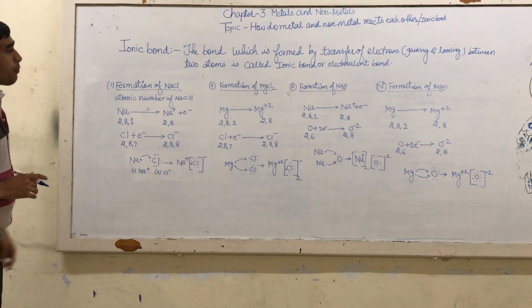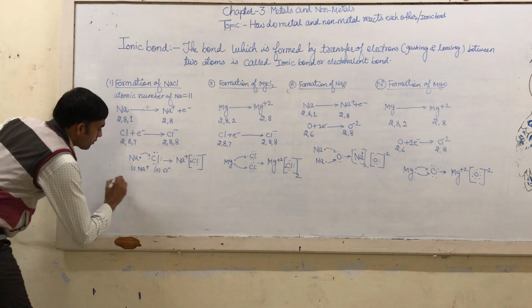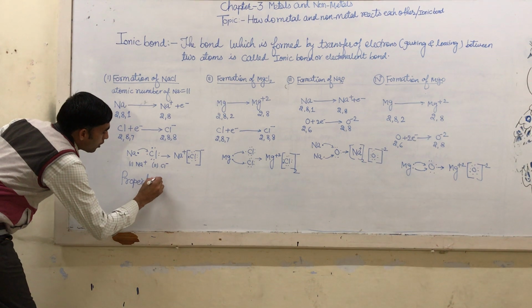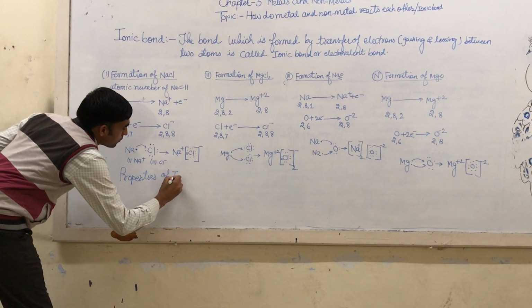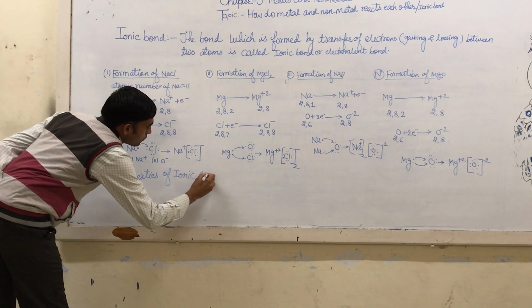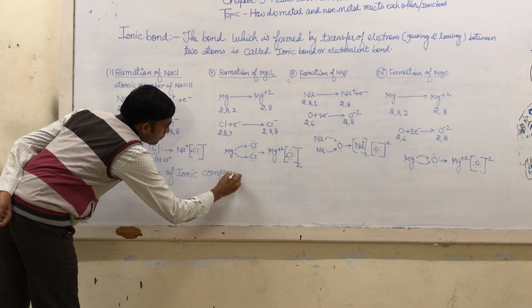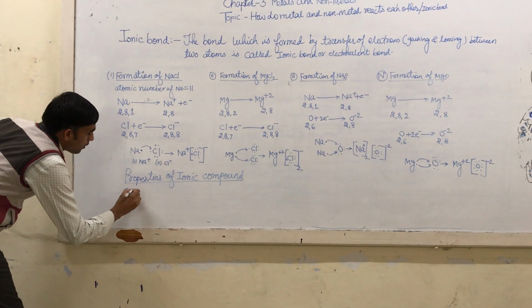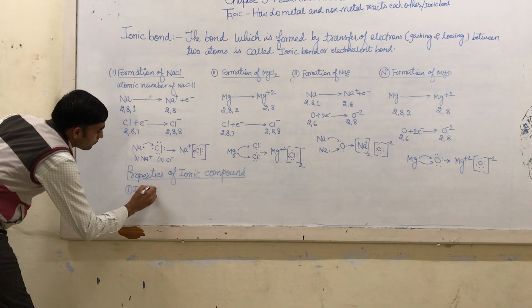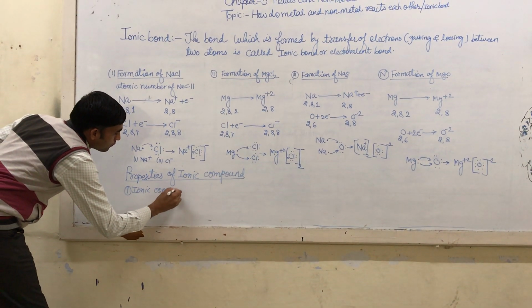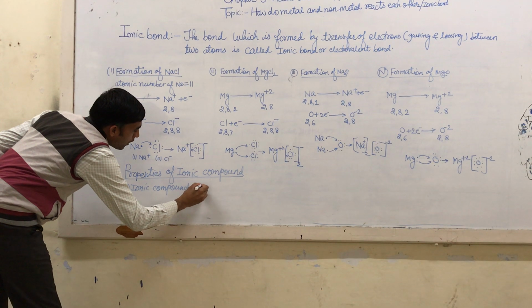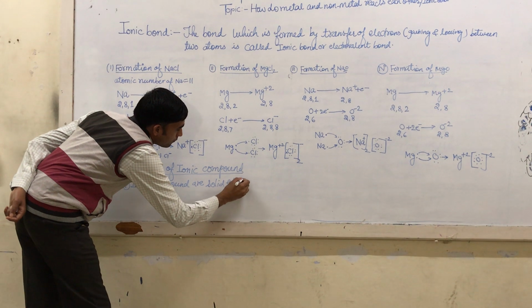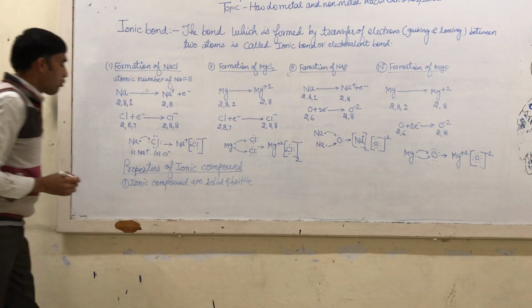Now we will see the properties of ionic compounds. The first property: ionic compounds are solid and brittle.